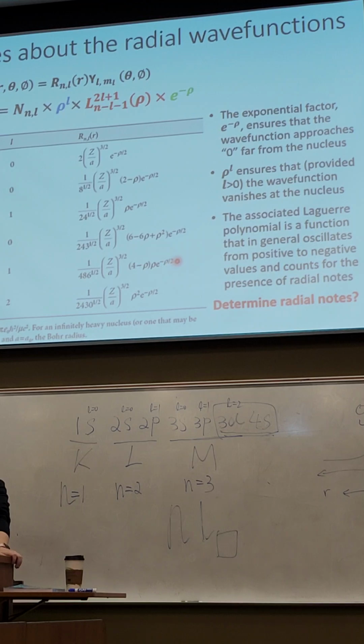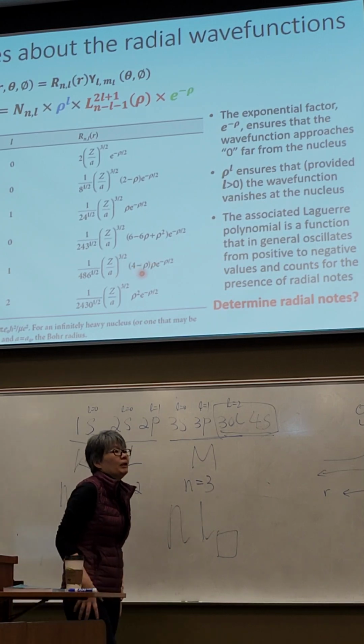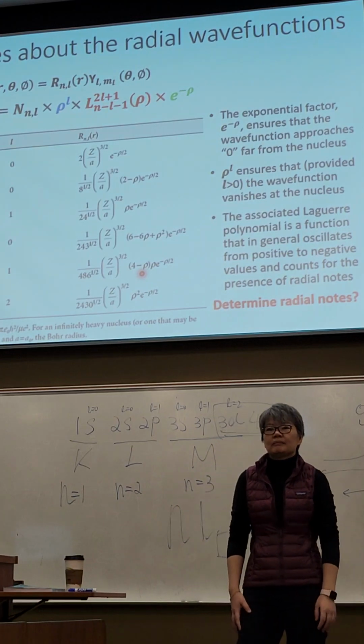That's your exponential decay term. Where is the power term? It's here. Rho, remember, rho raised to the power of L. Do you guys see rho raised to the power of L? L equals 1. That's the rho term here. This in a parenthesis, that is your polynomial component.